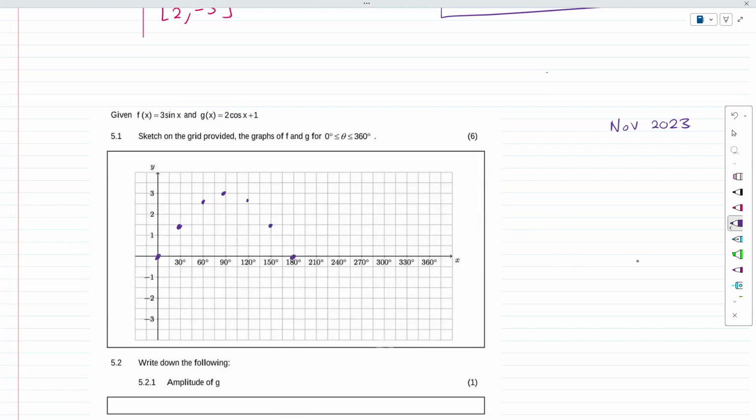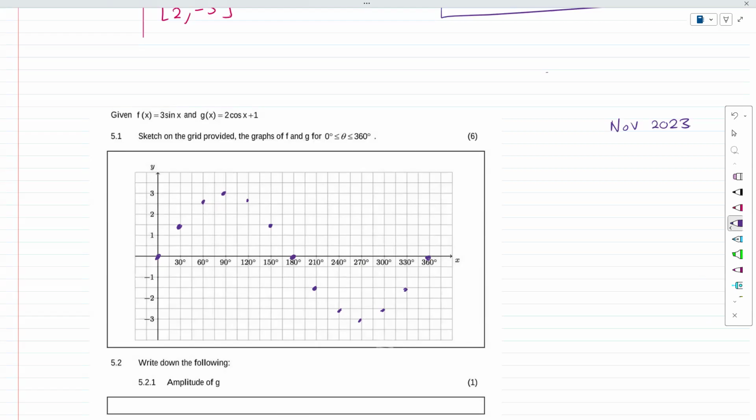210 and minus 1.5. 240 and minus 2.5. If you notice, each one has a counterpart, just like the other question that we did. 270 and minus 3 actually, and then it just has counterparts.